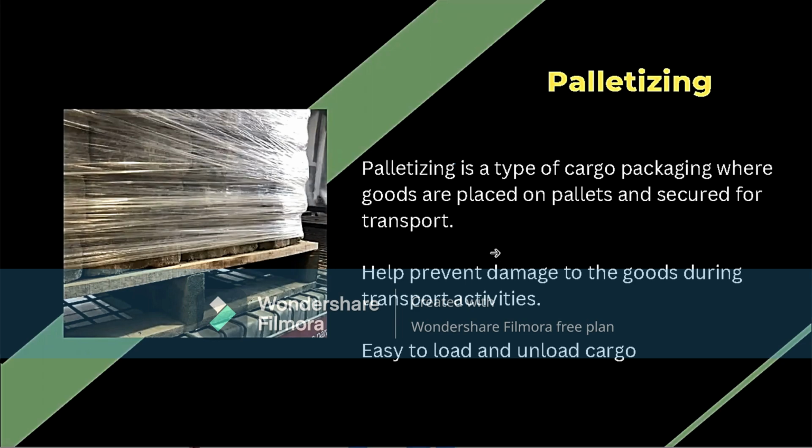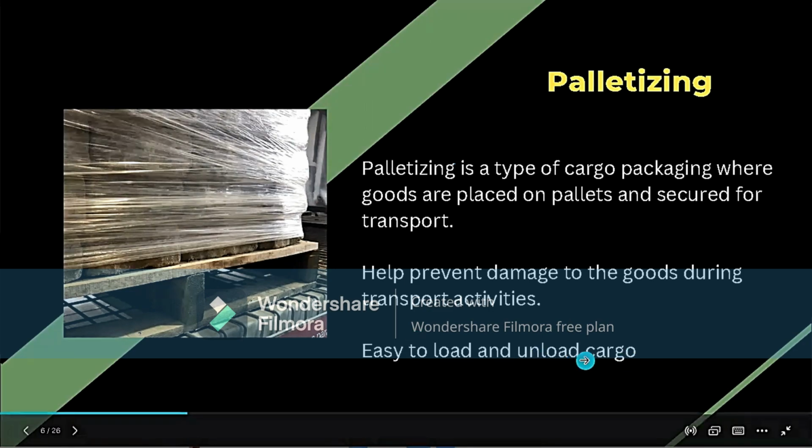This type of packaging also has many advantages in terms of safety, efficiency, and security. When done in the right way, it can help prevent damage to the goods during transportation. It also makes it easier to load and unload cargo.